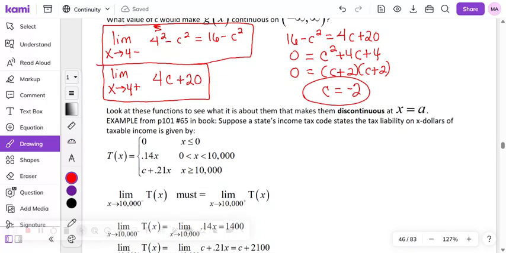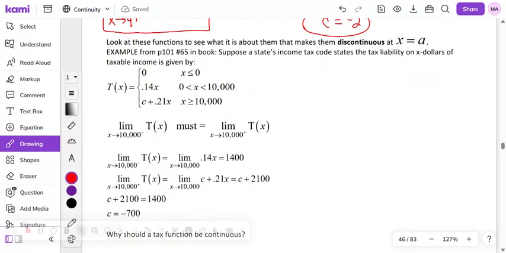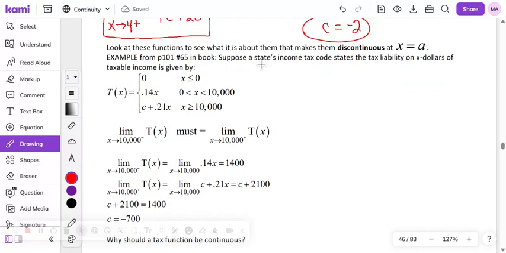So that brings us to a little word problem. Okay, so we're talking about state income tax codes. We want to figure out where the function is discontinuous at x equals a, and what value of c would make it continuous.